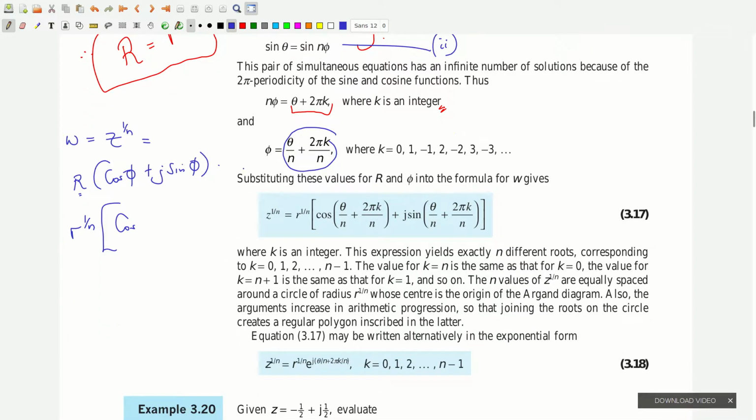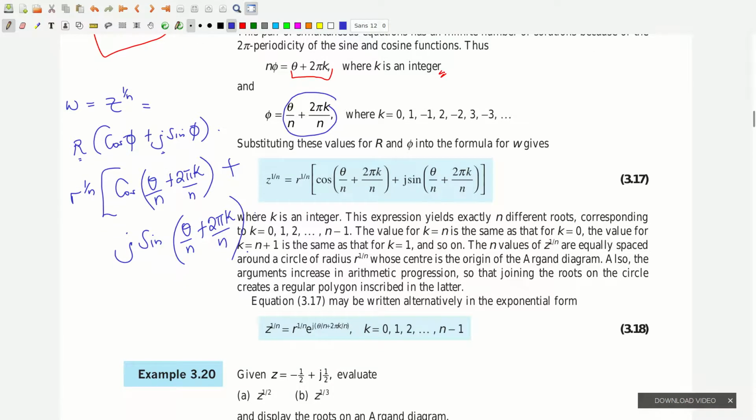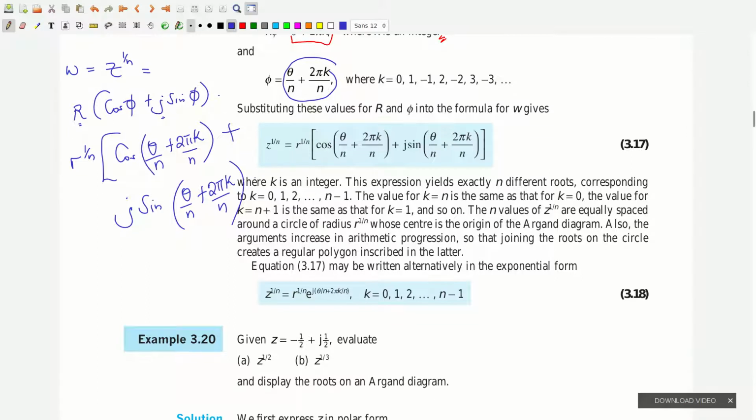And now we have found out that phi is theta over n plus 2 pi k over n. Then we have plus j sine phi, which is the same, theta over n plus 2 pi k over n. And that is it. So that is our formula if we have to find the nth root of our z.